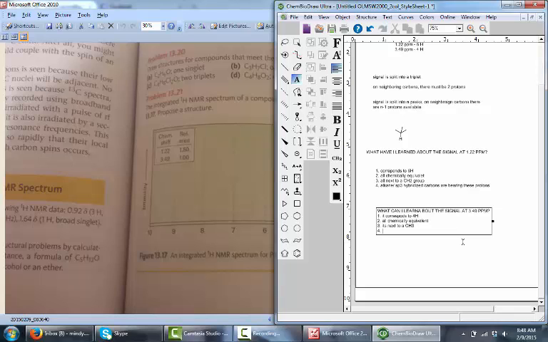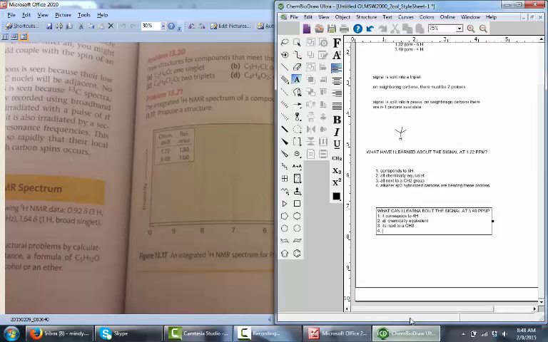And then finally, I'm going to look at the chemical shift and say that these are probably also saturated alkanes, but they are next to an electronegative atom. Okay, so let's say saturated alkanes next to electronegative heteroatom. What that does, that proximity to an electronegative atom makes them less shielded.